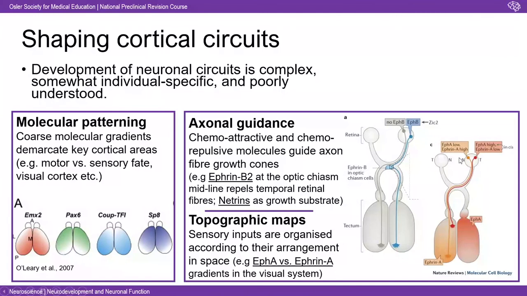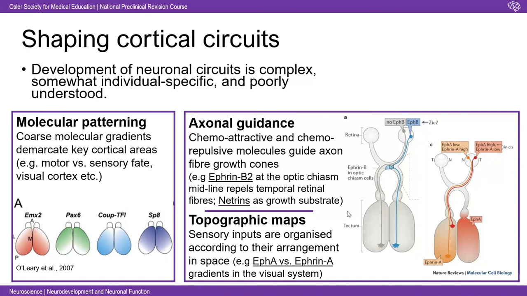And you also get gradients of ephrin-A expressed in the retina, which cause their projections to target specific areas of the superior colliculus, which express complementary ephrin gradients.